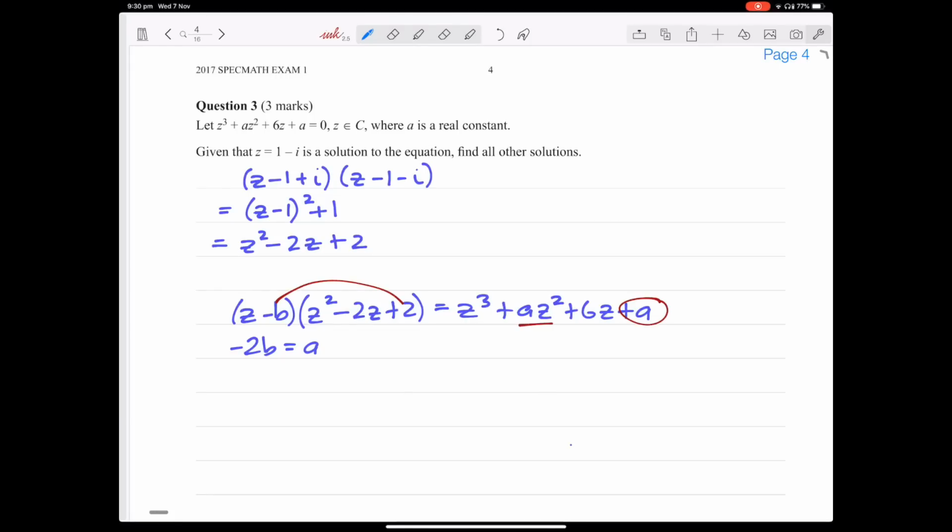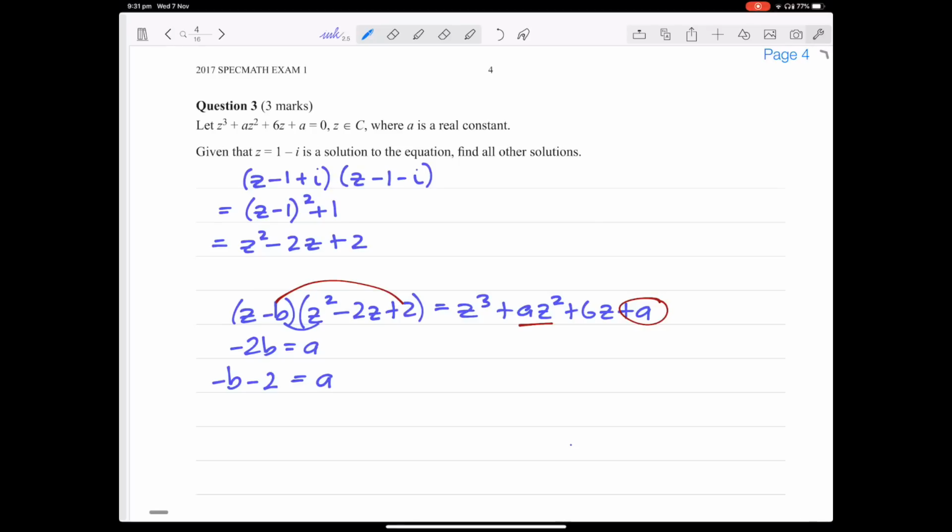We've got az squared. So what are the things that give us z squared? Negative bz squared, and then I have got negative 2z squared. So negative b, negative 2 is equal to a, that coefficient.